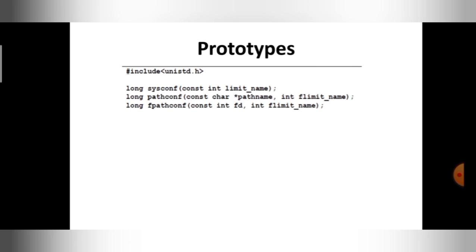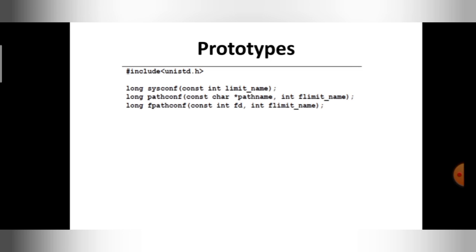So far you have understood the limits that can be used in your system. If you want to set those limits, how are we going to do it? You can use the functions sysconf, pathconf, fpathconf. Now you know the limit values, right?